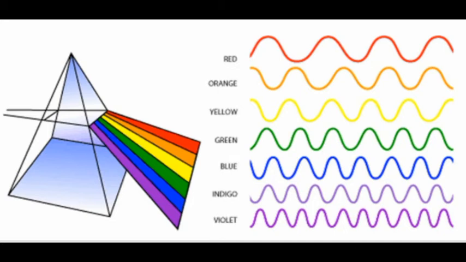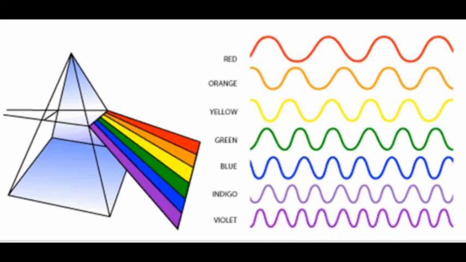So the different light appears in different colors as a result of the variation of wavelength. The wavelength in a particular range appears in a particular color, and in another range appears in another color. That kind of 7 ranges of wavelength are available for visible light. The only thing you have to keep in mind is that the color of light is due to the variation of wavelength.